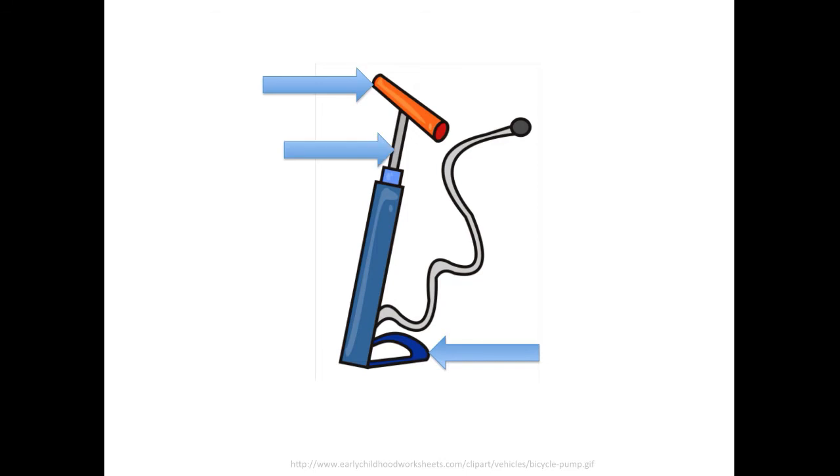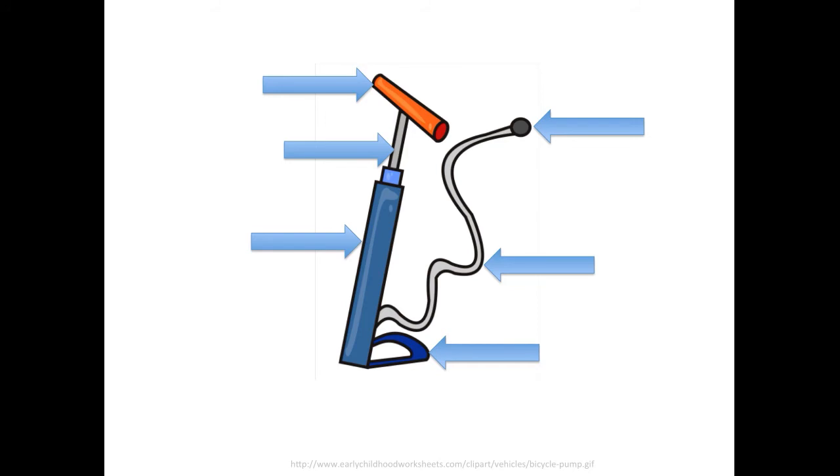The piston pushes and pulls against the cylinder. The cylinder separates the air chambers. The hose allows the flow of air into the tire. And the nozzle connects the hose to the tire. So you can see the image and arrows support the audio narration.